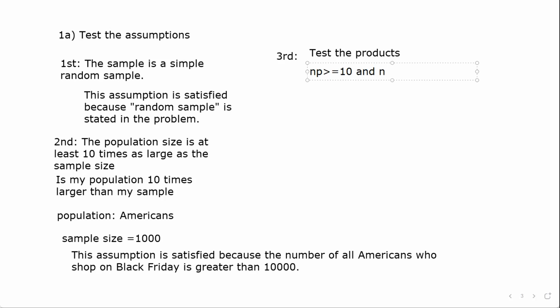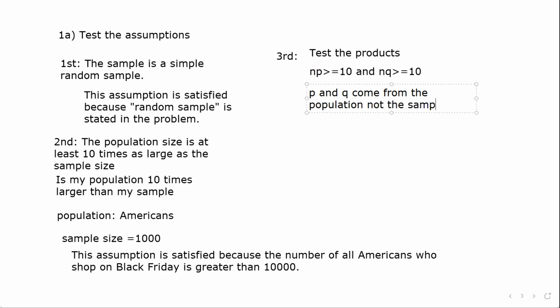If they don't, then it doesn't. So this is a two-part assumption and you have to satisfy both. So NP and NQ. Now, notice I'm going to write this on here. P and Q come from the population, not the sample. NP and NQ.